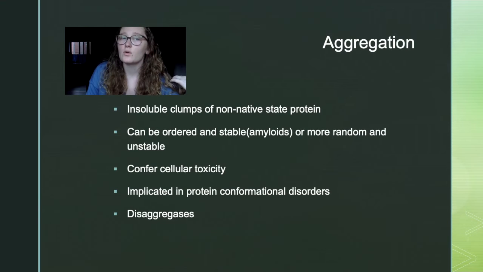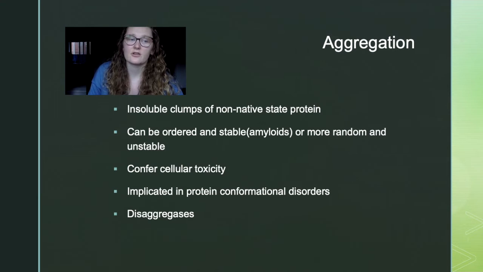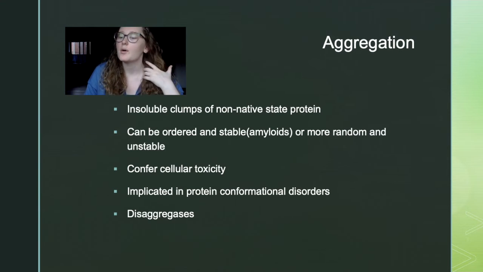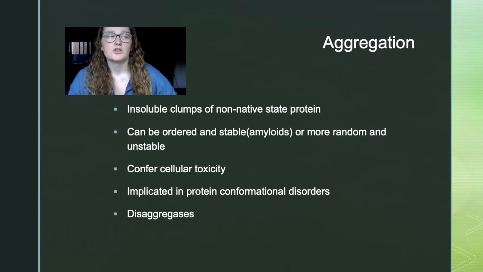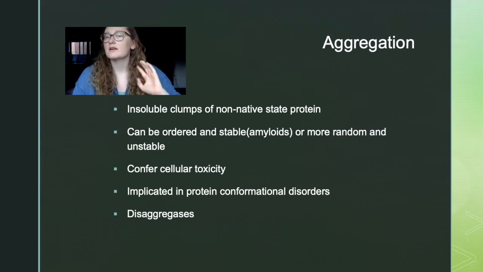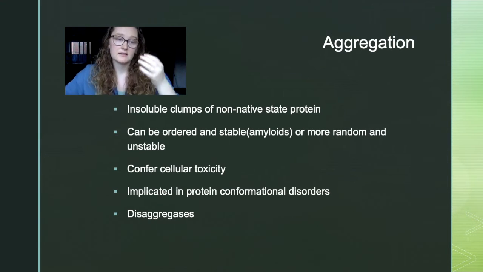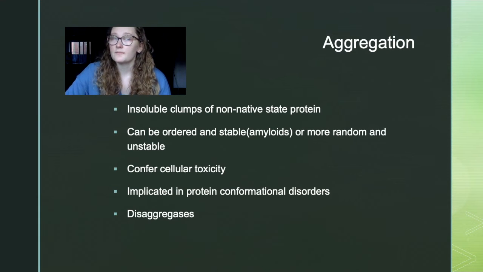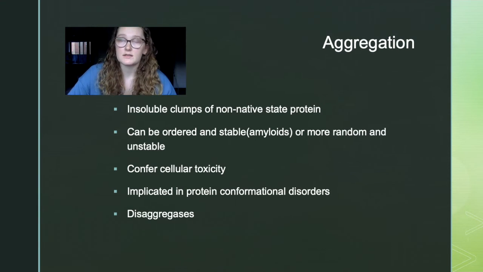Now, some organisms have a type of molecular chaperone called a disaggregase that can do that. And this is what my project is looking at. More specifically, there is a disaggregase in yeast that's called HSP104, and this protein we already know is able to pull apart aggregates because it's a disaggregase, but human cells don't have HSP104.